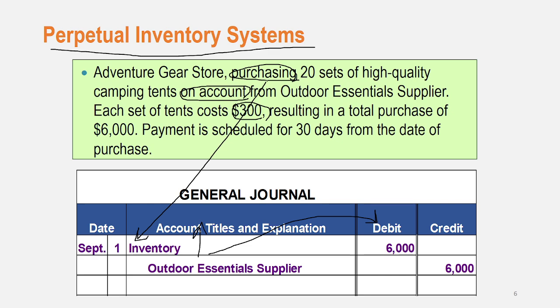The next effect of this purchasing is on accounts payable for Outdoor Essential Suppliers. Because this purchasing takes place on account, it increases Outdoor Essential Suppliers' accounts payable, and an increase in accounts payable is considered a credit, because accounts payable belongs to liability, and an increase in liability accounts is recorded under the credit.